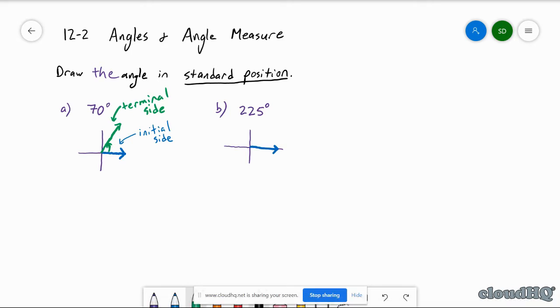And then we have to go 225 degrees counterclockwise. So go up, there's 90, there's 180, and then it's 45 degrees beyond 180. So we end up in quadrant 2 right there. That's how we would show a 225-degree angle in standard position.